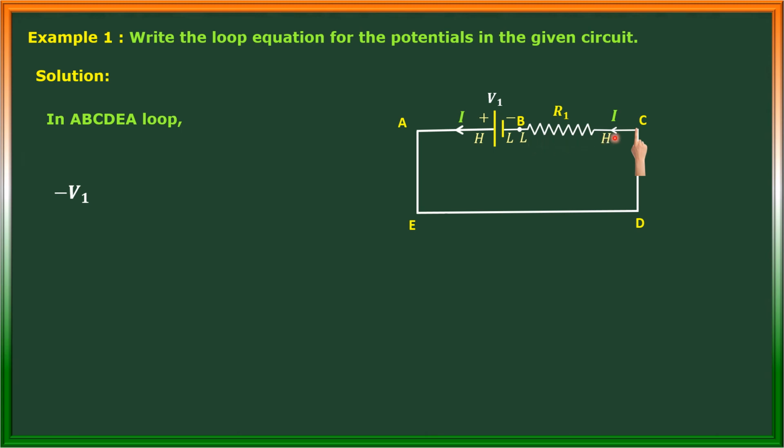Then take the potential difference across the resistor R1 as plus IR1, and from C to D no elements are there, D to E no elements are there, E to A no elements are there. So the algebraic sum of the potential differences across each element is 0. You see here, this is equal to 0. So when I applied the loop rule for the loop A, B, C, D, E, A, I got this equation.